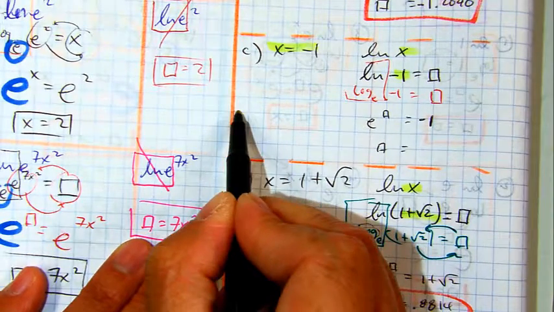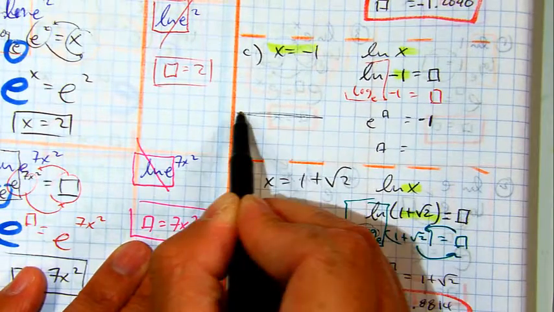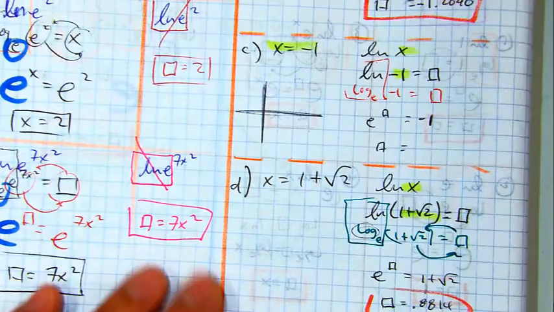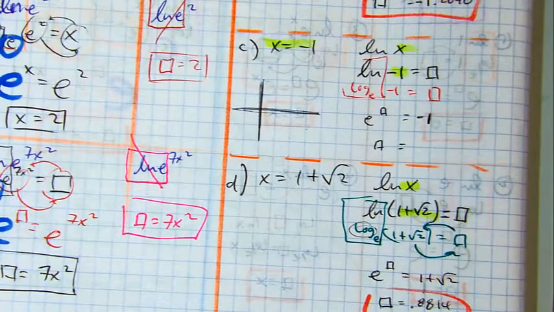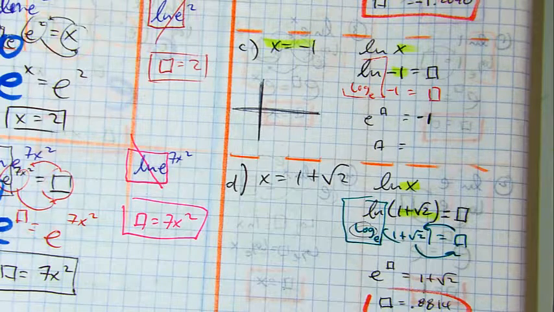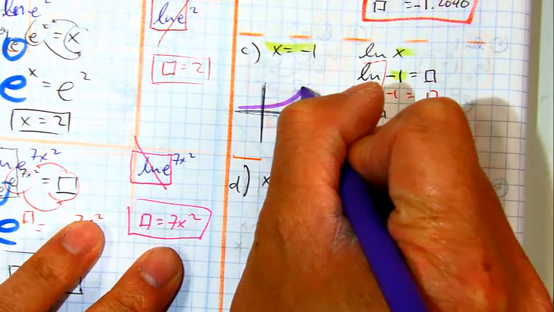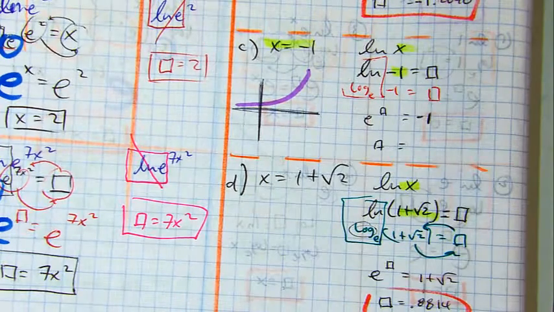Everyone draw a graph of an exponential. What does that graph look like? Growth or decay? Looks something like this, yes? Okay.